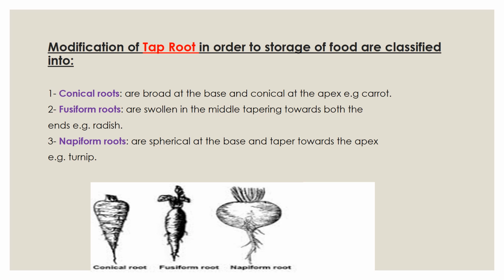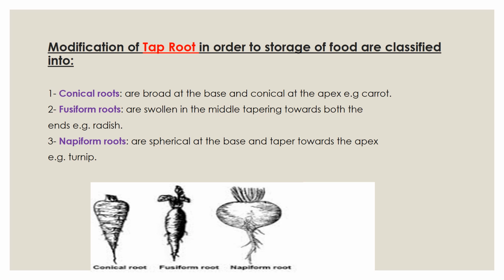Number 2, fusiform roots. Fusiform roots are swollen in the middle of the root, and tapering towards both ends, the apex and the base.